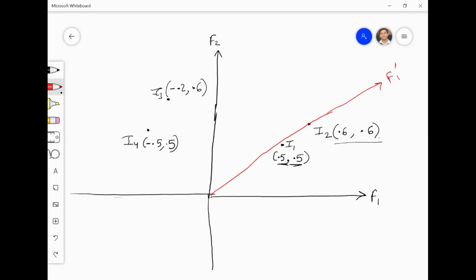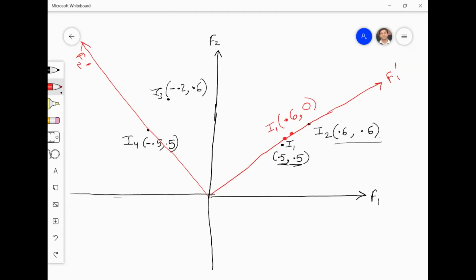We call this F1 dash, and this becomes F2 dash. Now if you were to represent I1 again, it will pass through this line, and its component on factor 1 increases and its component on factor 2 becomes 0.